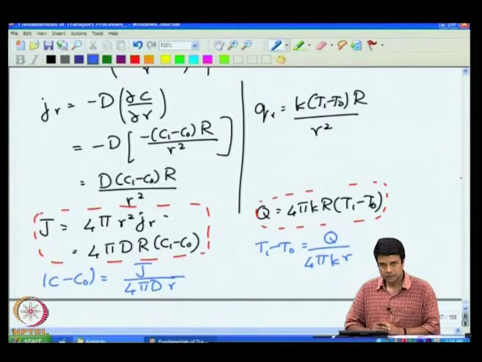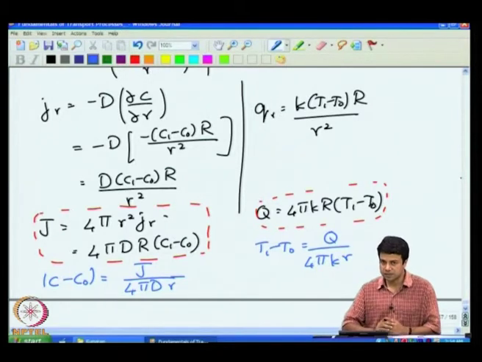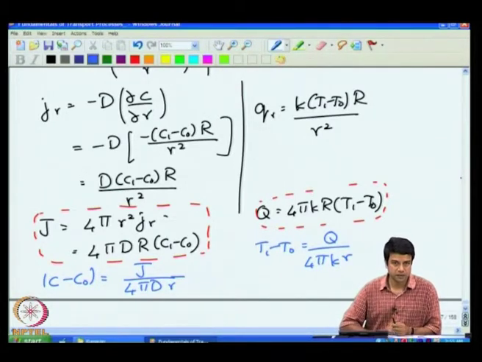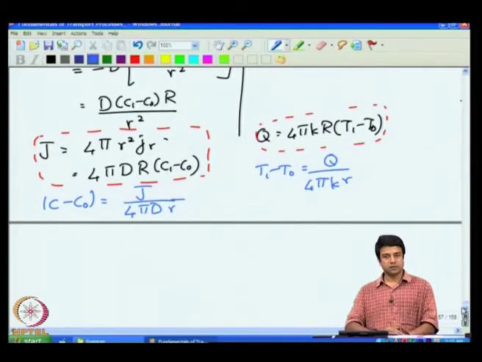So, why am I emphasizing this? Because written in this manner, the temperature and the concentration fields are independent of the radius capital R. Written in terms of the total amount of energy coming out or the total amount of mass coming out, the temperature and the concentration fields are independent of the radius capital R. So, regardless of what capital R is, the temperature outside when expressed in terms of Q, or the concentration when expressed in terms of J, is independent of capital R. In fact, this is a solution even in the limit capital R going to 0.